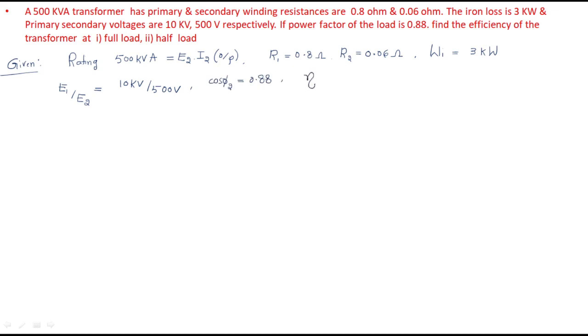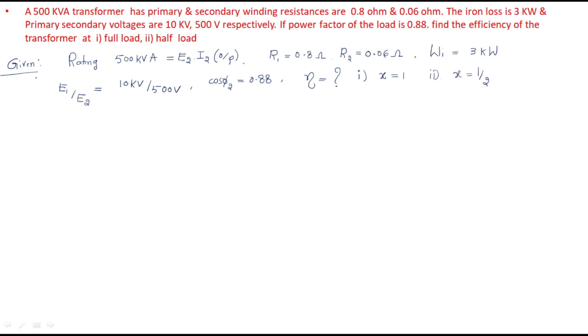Find the efficiency of the transformer under two conditions. First condition, full load: X value you take as 1. Second condition, X value you take as 1 by 2.